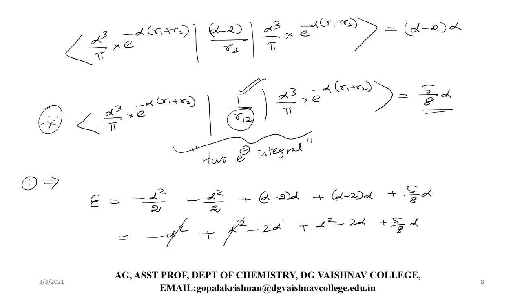We have 1 alpha square here, and here minus 2 alpha, here also minus 2 alpha, so minus 4 alpha. So the expectation energy E is equal to alpha square minus 4 alpha plus 5 by 8 alpha. This is the expression we get. We can simplify this further.